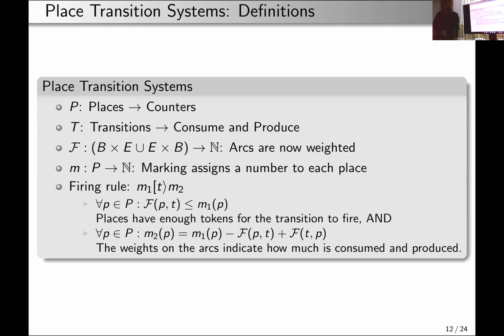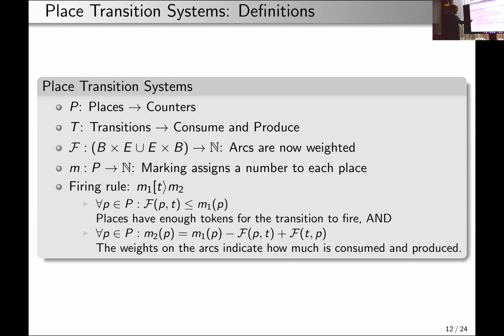Okay, so now we go to the next class of nets, where I just allow for as many tokens as I want in each place, okay? So now I have a natural number of tokens in each place. The arcs are now weighted, meaning I can say, well, this transition will consume 5 tokens from this place and produce 7 tokens in the other.